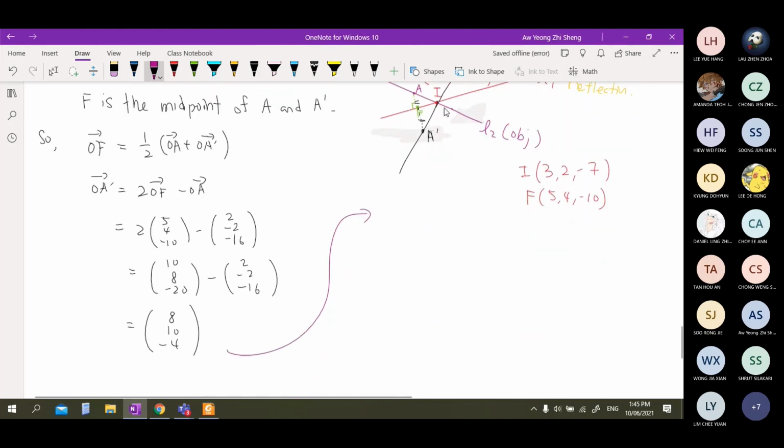Then you also need the direction vector of your new line. The direction vector of your new line can be either IA prime or A prime I, whichever you prefer. So suppose that I choose A prime to I, which is OI minus OA prime.